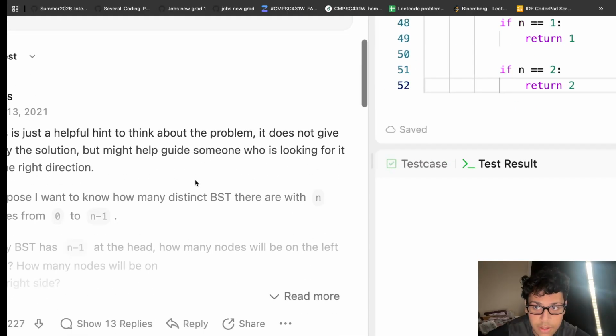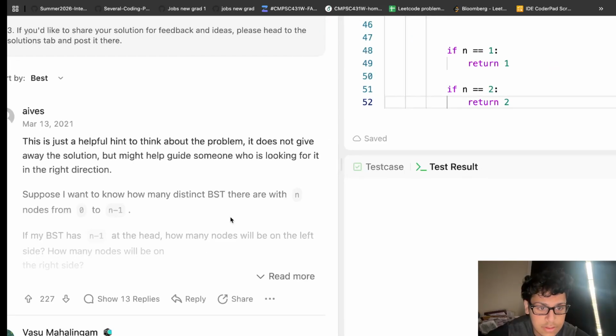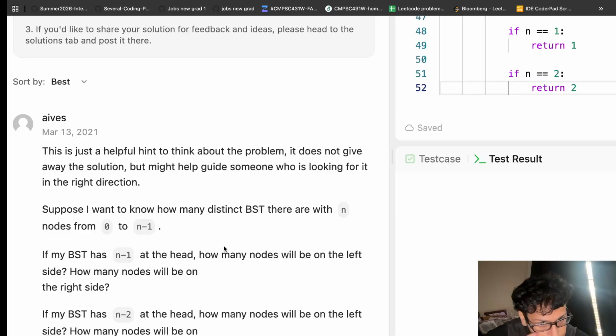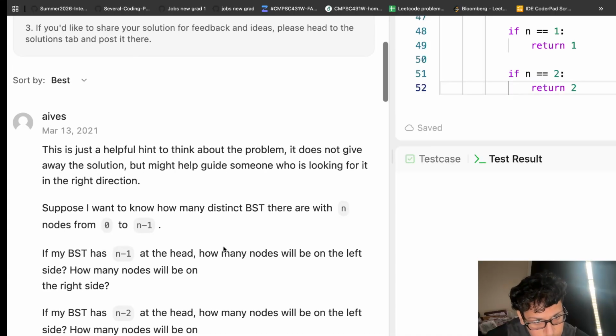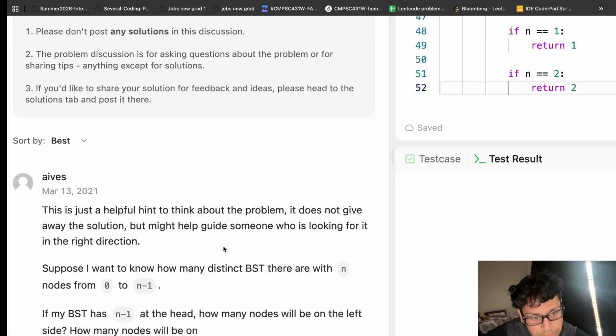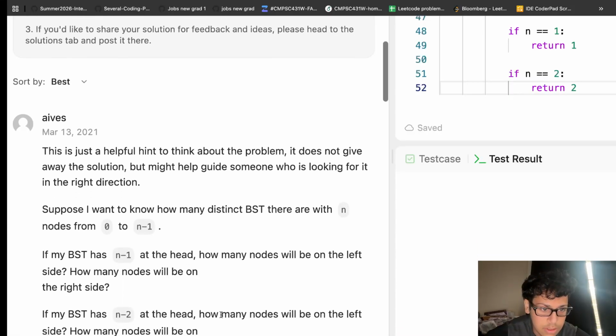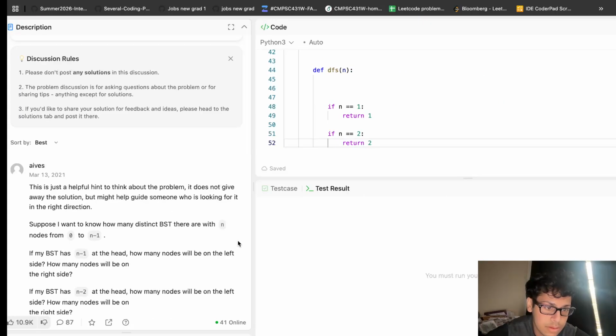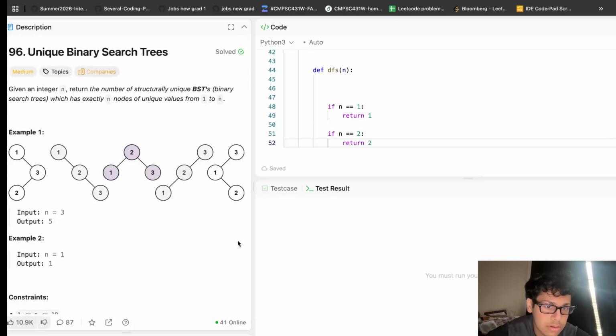Let's read a hint. Yeah, I'm getting stuck, guys. Suppose I want to know how many distinct BSTs there are with n nodes from 0 to n minus 1. If my BST has n minus 1 at the head, binary search trees.